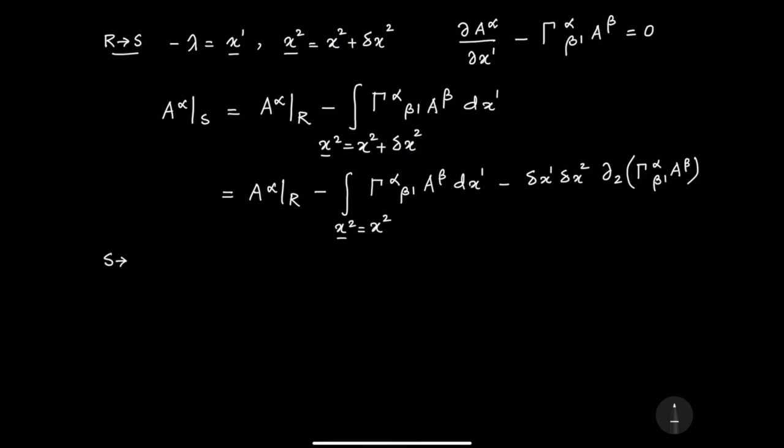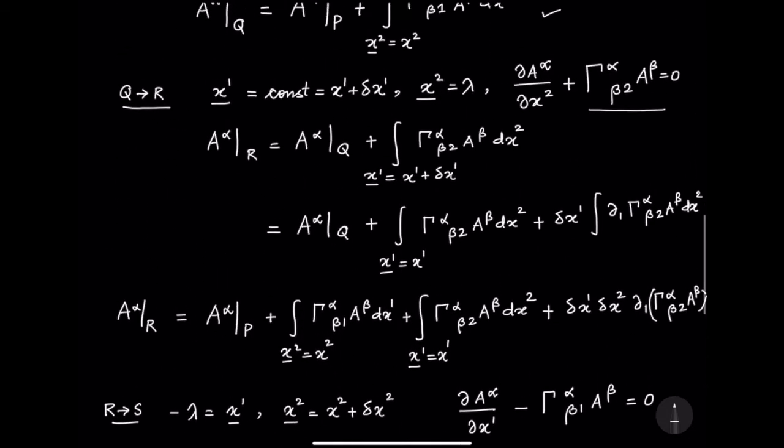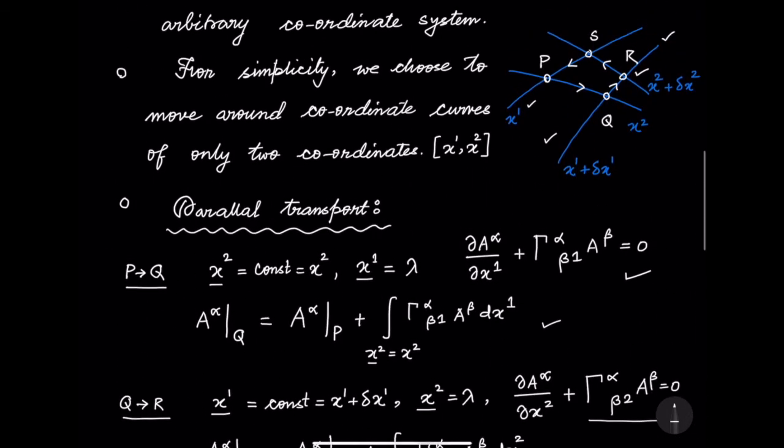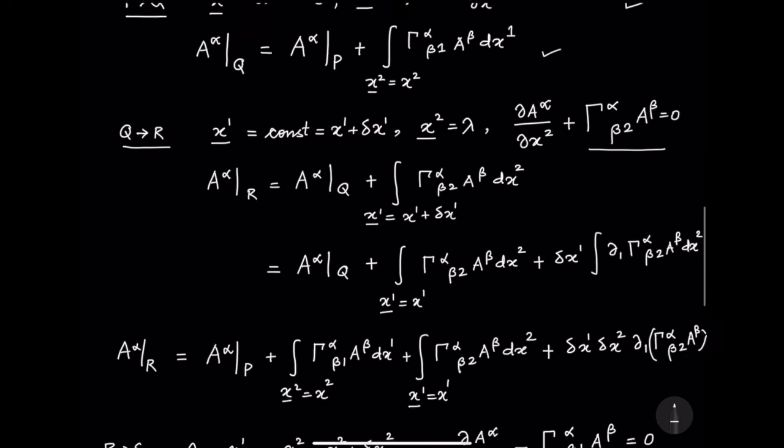Okay, and the final leg of the journey is S back to P. Let's see what it is. S back to P, the coordinate that remains fixed is x1, and what changes is x2, and x2 changes in the opposite way than the parameter.